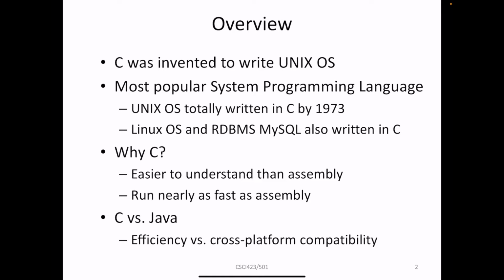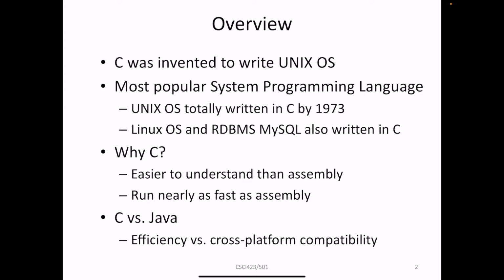On the other hand, Java provides a very good feature, which is cross-platform compatibility. As long as the operating system installs the Java virtual machine, you can run one copy of the Java code on almost all operating systems, for example Linux, Unix, Windows, Mac OS, or even Android.